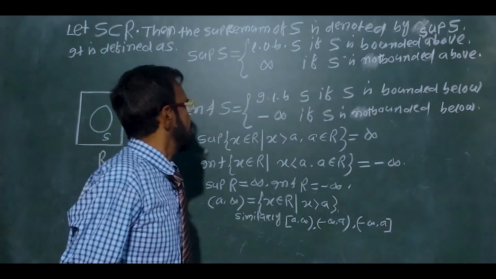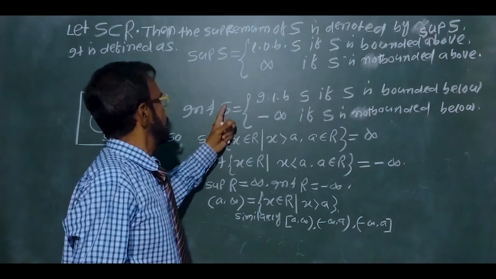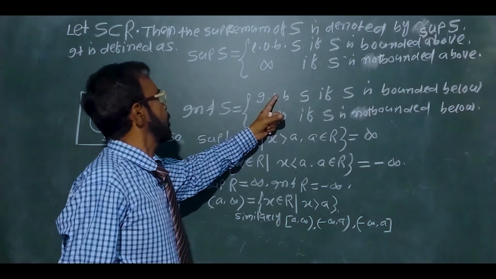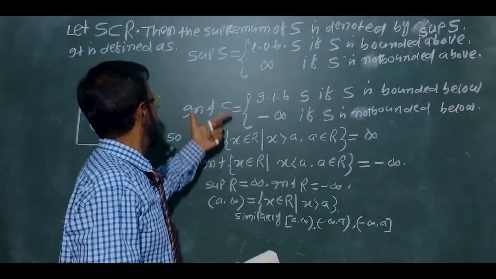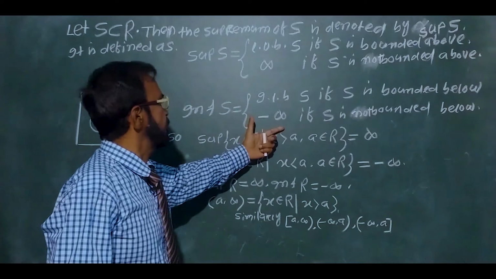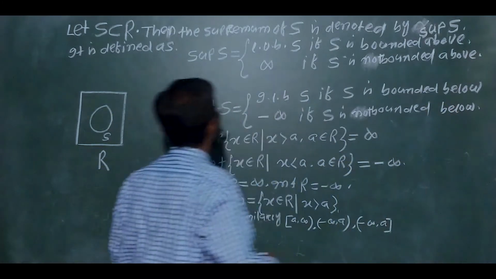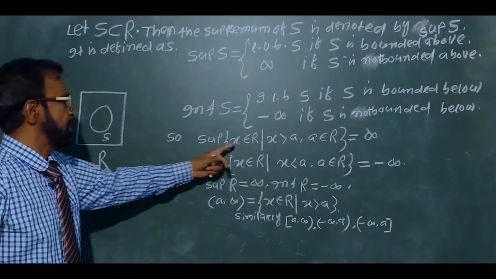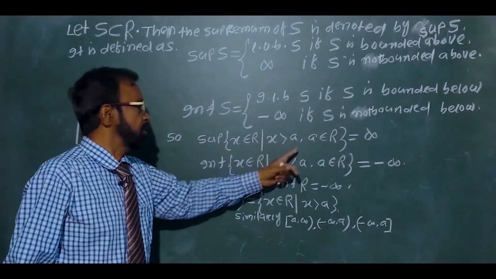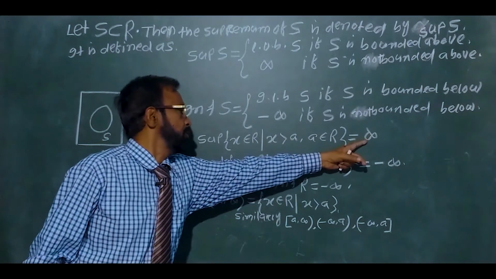That means the infimum of S is equal to the greatest lower bound of S if the set is bounded below, and the infimum of S is equal to minus infinity if S is not bounded below. This is the definition. So, the supremum of the set of X belonging to R such that X is greater than A, where A is any real number, is equal to infinity.